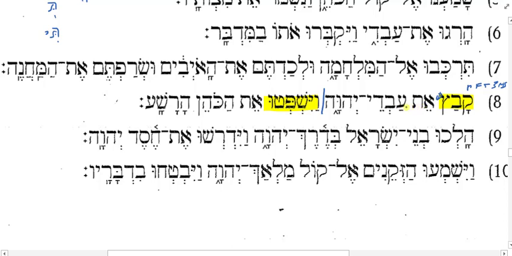So who kavatzed? The subject is he, right? What does kavatz mean? To gather. So he gathered, and then I have et, which could be the direct object marker or the preposition with.